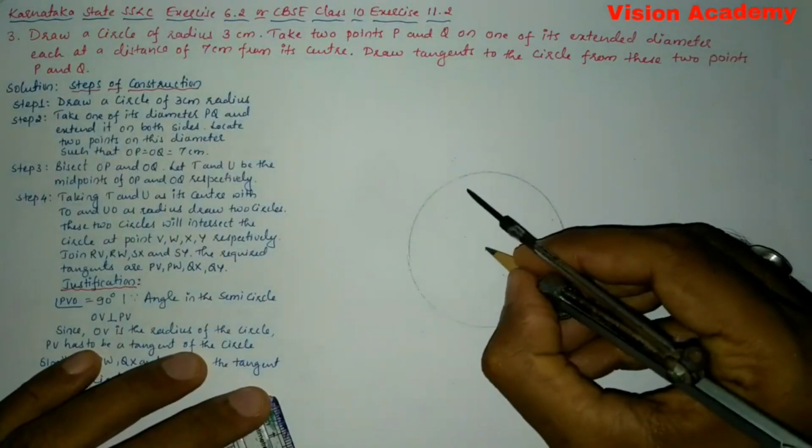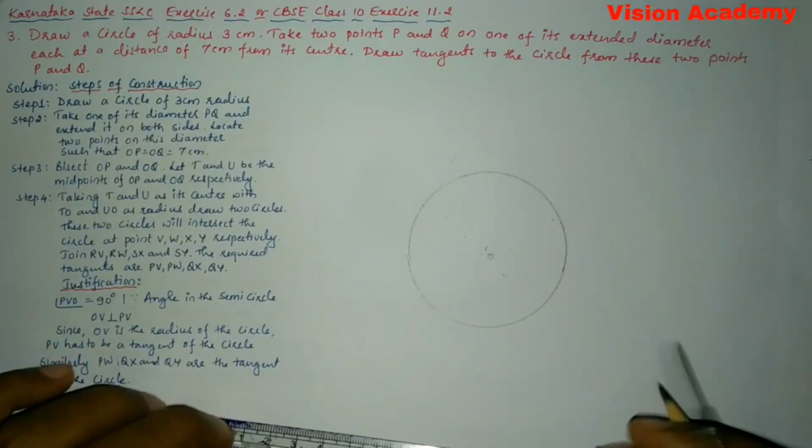So this is the center of the circle. Let us name it as O.